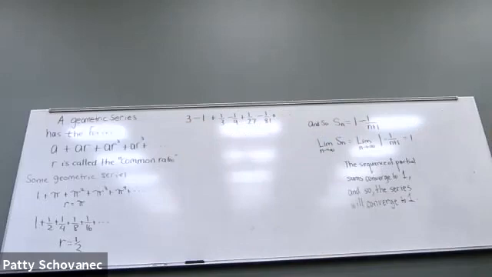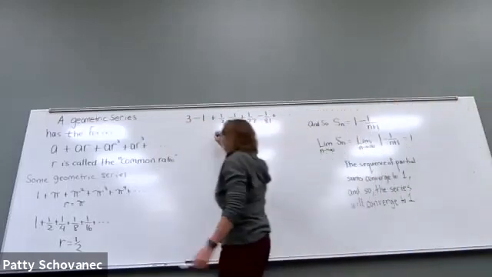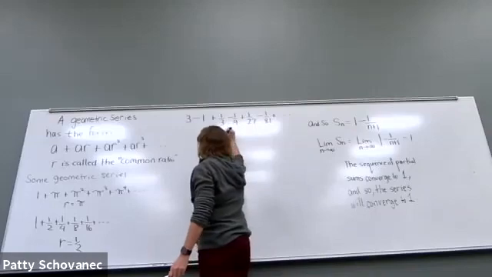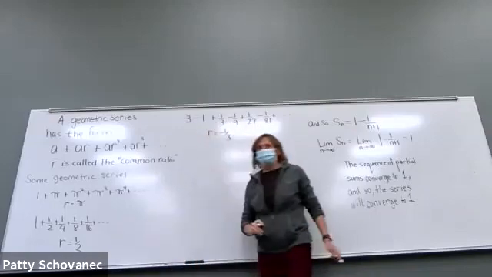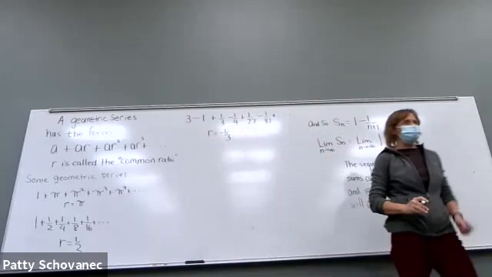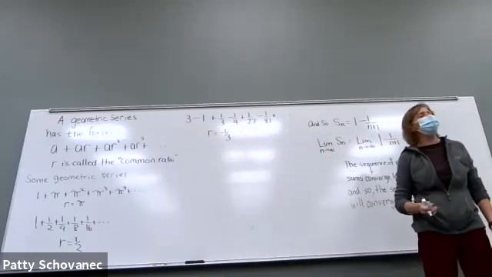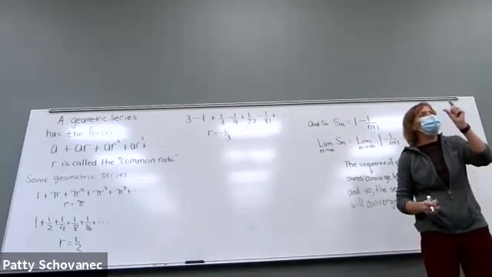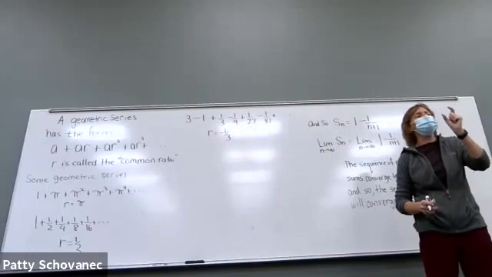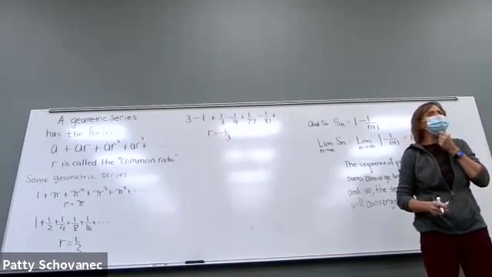What's my multiplier here? R is -1/3. We can show in 3 minutes or less that the size of R tells us whether or not the geometric series is going to converge.